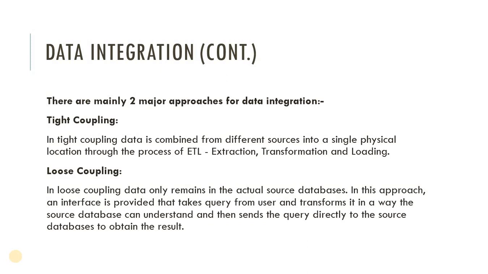So this is something like we are collecting the data from multiple sources and storing the data into one big database. Tight coupling means more dependency. If data is stored at one location, it increases the dependency of each other.